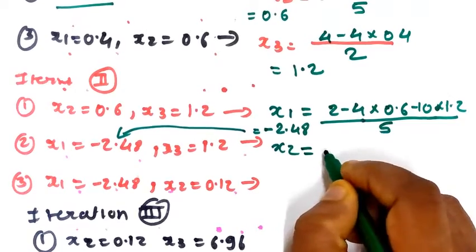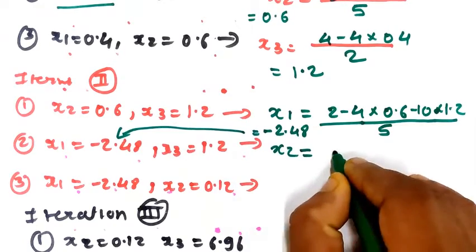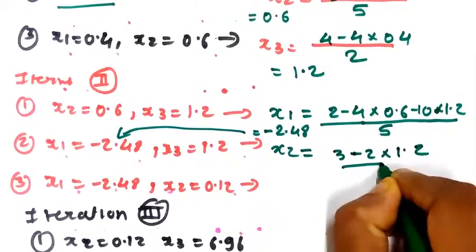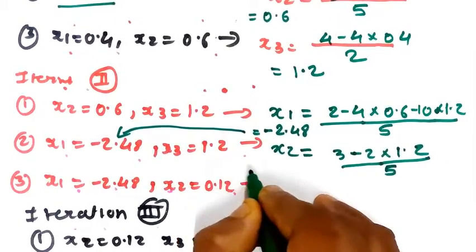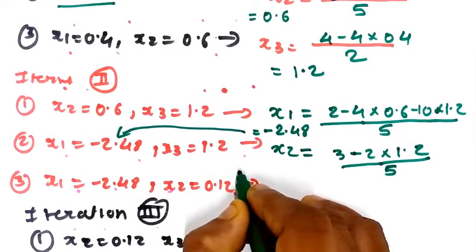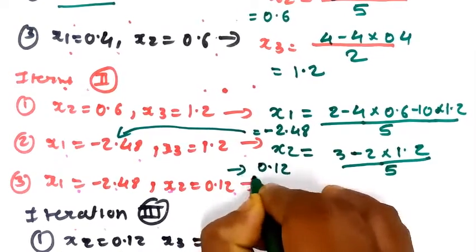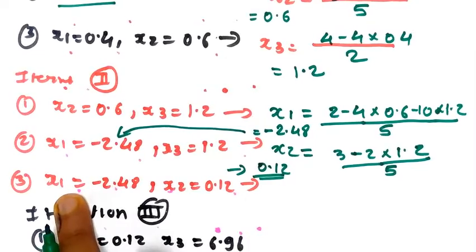So x2 will be put in this equation. You will get 3 minus 2 into 1.2 divided by 5. Further solving, it will be 0.12.